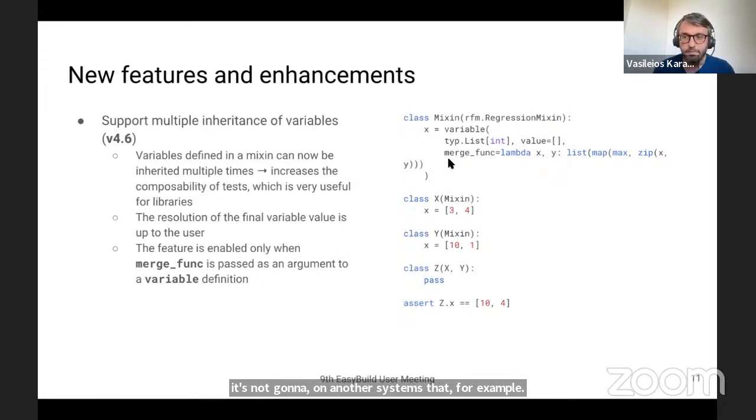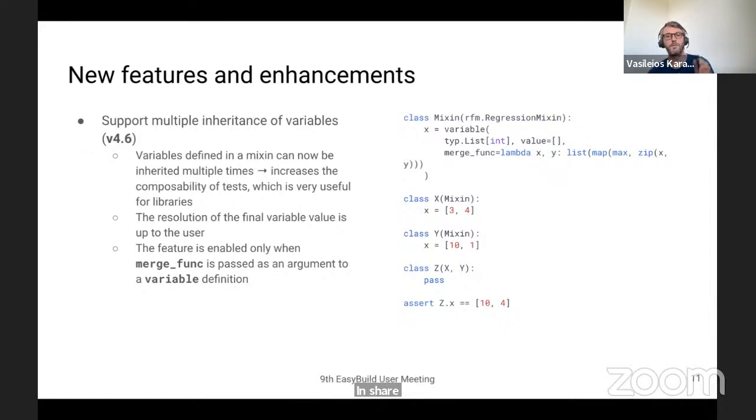Now, another improvement that's also towards the idea of increasing the composability of tests, also in view of creating libraries and making it easier, is that you can now inherit a variable multiple times. Imagine the example I have here to the right.